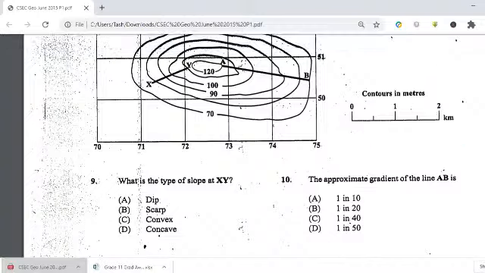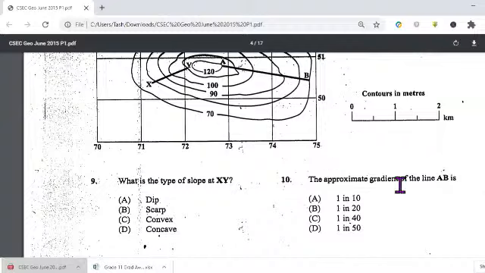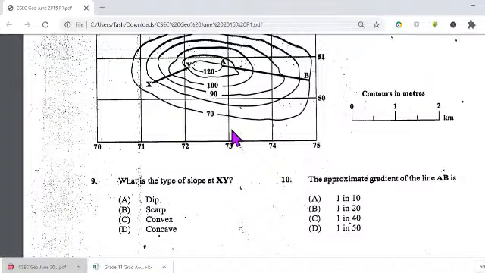And the measurement on your map is in meters. So you convert the 2 kilometers to meters. That would give you 2,000 meters. And then you have your 50. You do your calculations, 50 into the 2,000 meters. Then you would end up with 1 in 40 for your answer. So that would have been letter C for number 10.